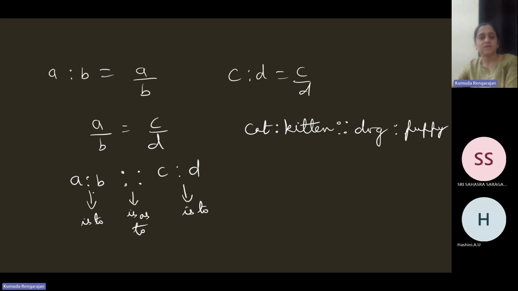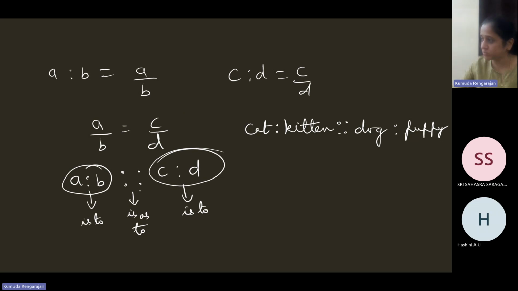So, like this, A is to B is as to C is to D. Is as to meaning is the same as. So this is a proportion because this ratio is equal to this ratio. A is to B ratio is equal to C is to D ratio.